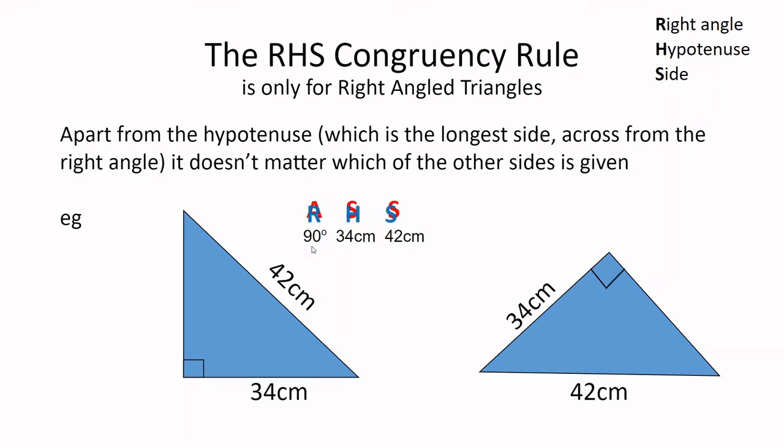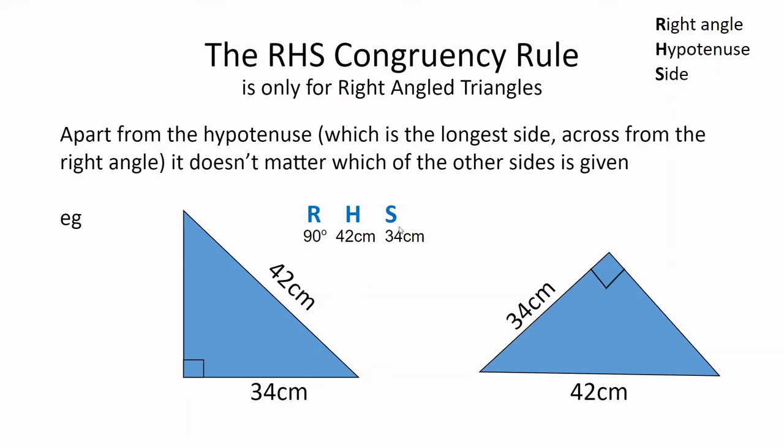So I'm thinking maybe it's RHS. I've got a right angle, a 90-degree angle on both triangles. I've got a hypotenuse, that's the longest side length across from the right angle. It's 42 centimeters in both cases. And I've got another side length, and it doesn't matter which one it is.